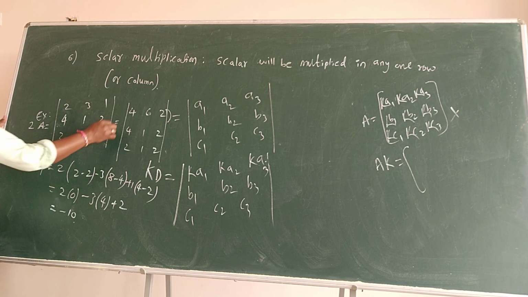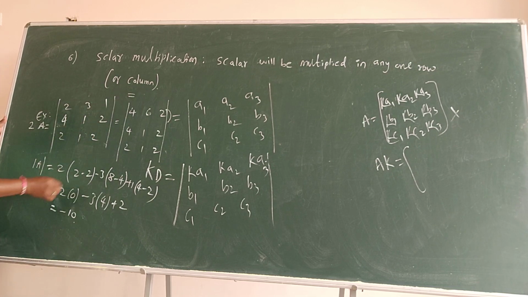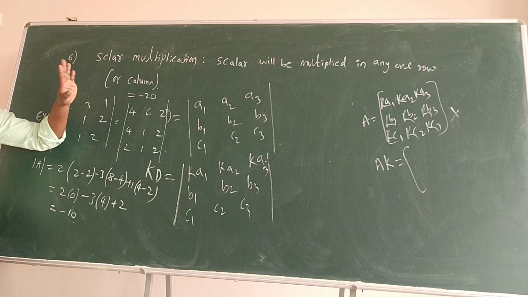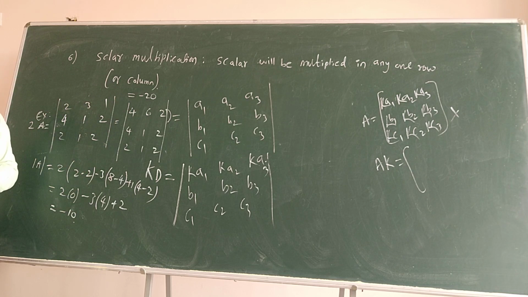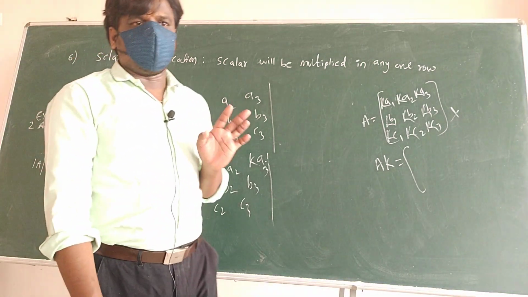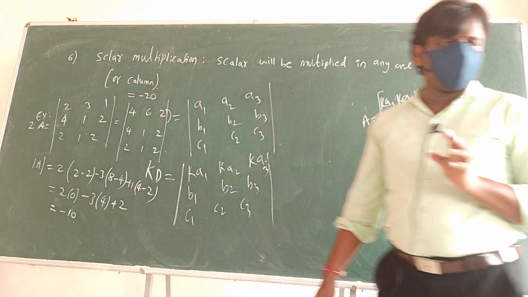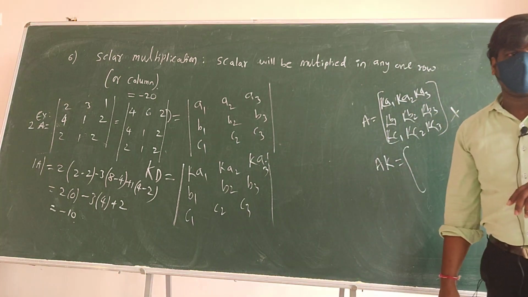So this determinant you find at home, you will get minus 20, because already this value I have minus 10. So this one I no need to find, directly I will get minus 20. So this is what the property says. Understood?